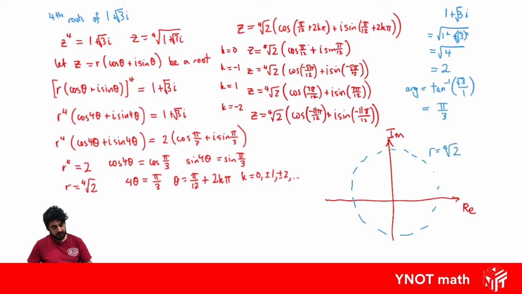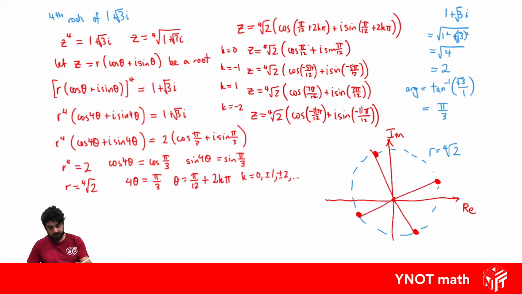And at our angles, this one at pi on 12, this one at 7 pi on 12, this one here at minus 11 pi on 12, and this one here at minus 5 pi on 12. So we get all of these.